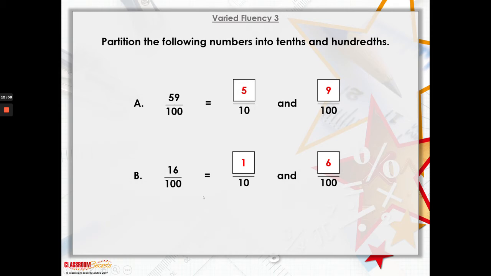And for B, again, 16 hundredths, I would have 1 tenth, because that's my tenth here. If I was to draw my place value grid, if I get my pen here, it might be a little bit clearer. So technically that would be my tenths column there above the 1. That'd be how many tenths I have.